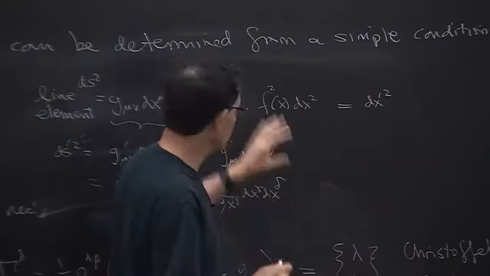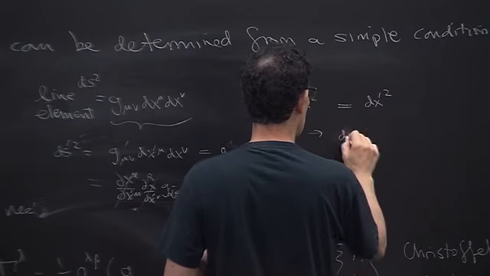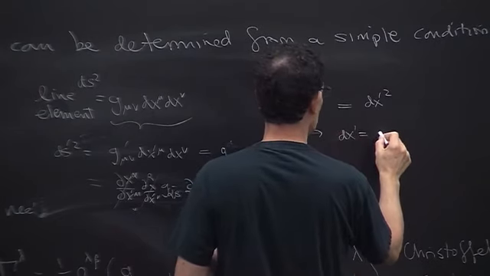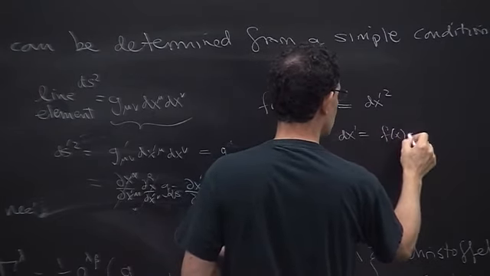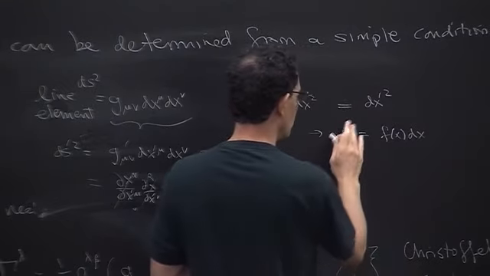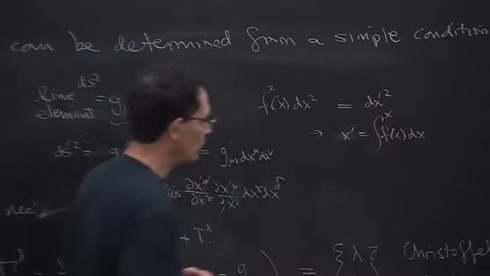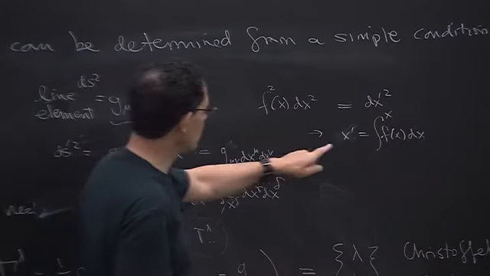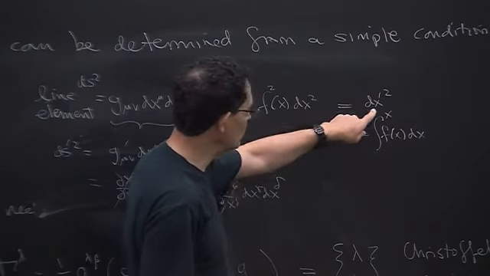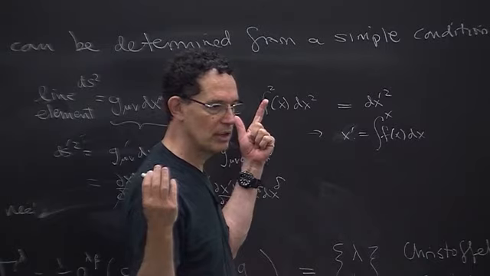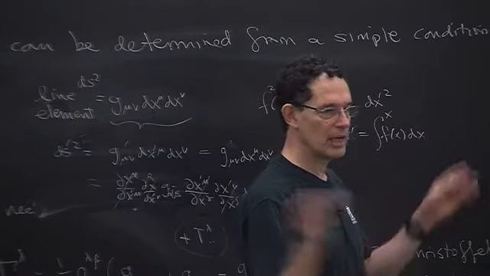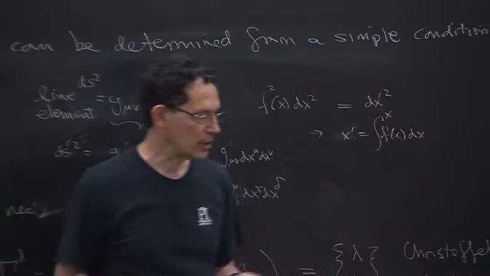All I do is say dx prime is equal to f of x dx. I can solve that equation: x prime is the integral. So it just says in these coordinates, the metric is flat. In 1D, it's trivial to make the metric flat just by choosing coordinates.